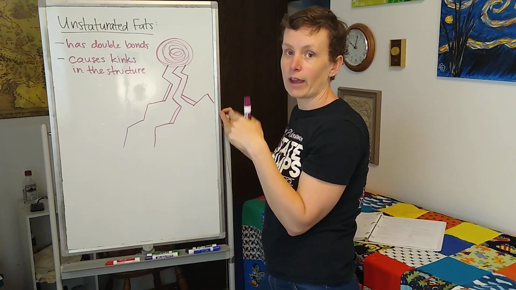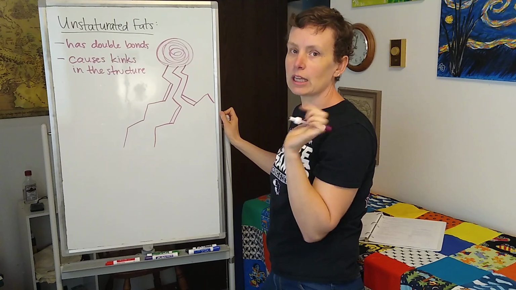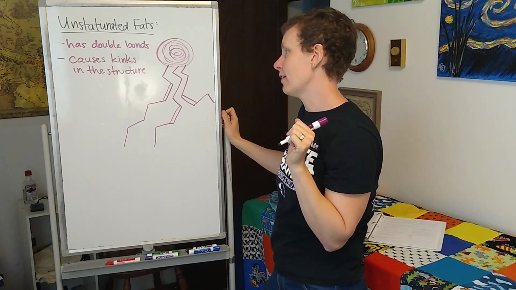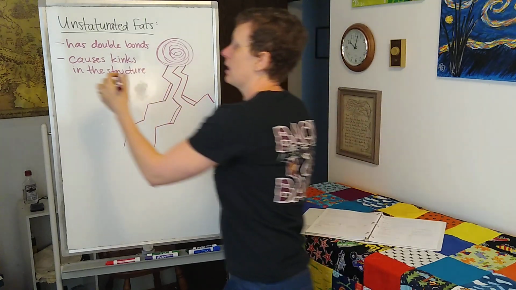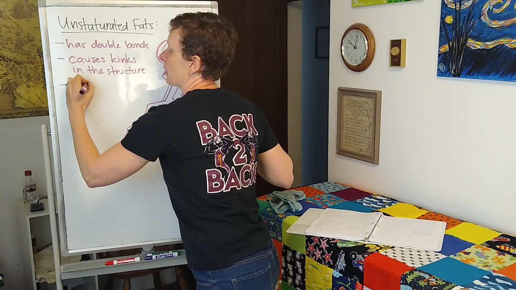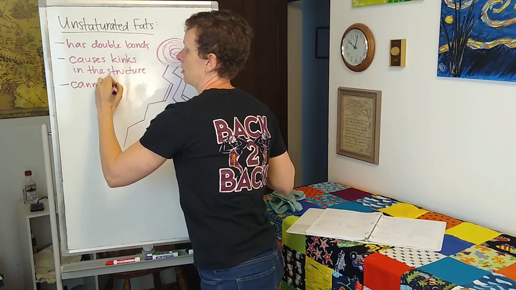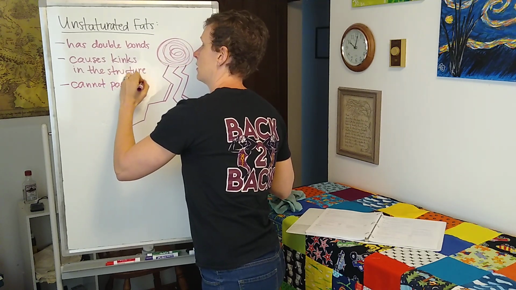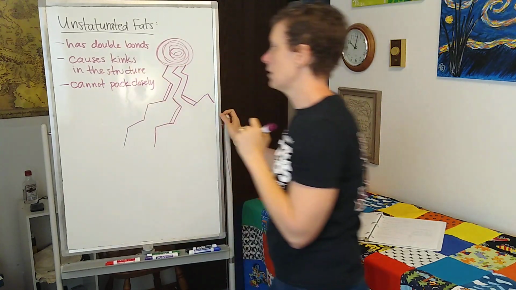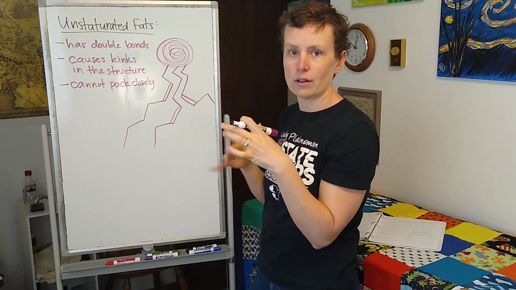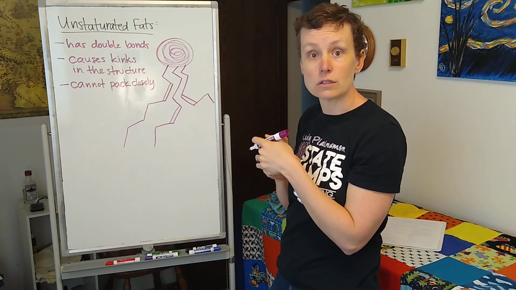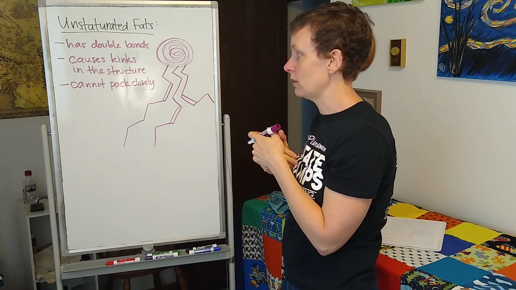So these are kinky fats. I love my nerdy chemistry jokes, so I hope that you laughed on that one. Kinky fats. They cause kinks in the structure, so they cannot pack closely. Now, they're still really large, so they're going to be tangled up with each other, but they're not going to pack really closely to each other like they do in saturated fats.